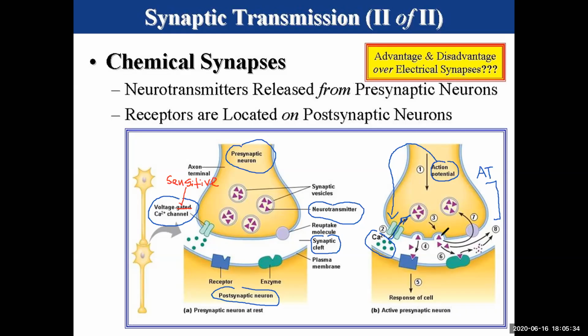And the neurotransmitter is passively transported across the synaptic cleft. The mechanism of transport is called simple diffusion. And once it gets over here, it will bind to the receptor on the plasma membrane, on the phospholipid bilayer of the postsynaptic neuron.